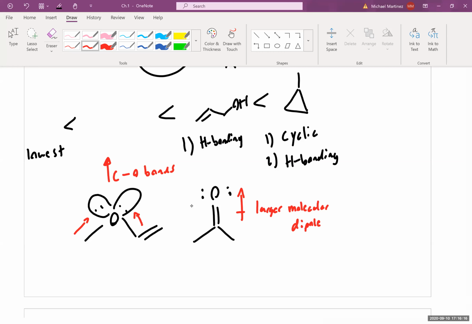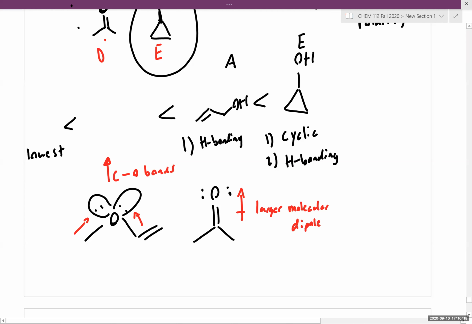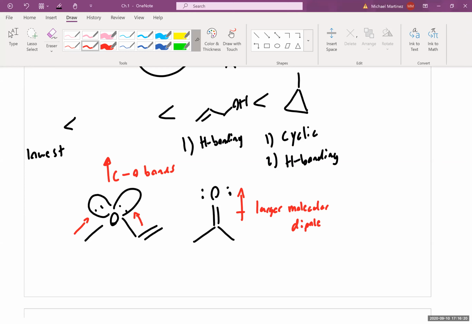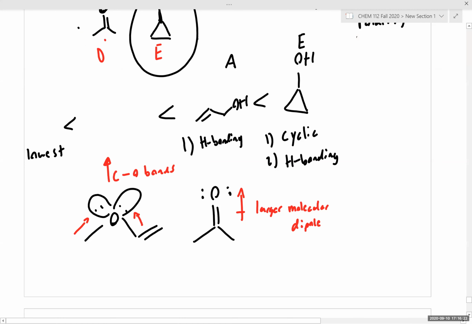That is why when we looked at the boiling points last class session, we noticed that the ketone and aldehyde typically had a higher boiling point than our ether. The ketone and aldehyde are very close in terms of boiling point generally, so for this case, we'll just group them in the same category for now.